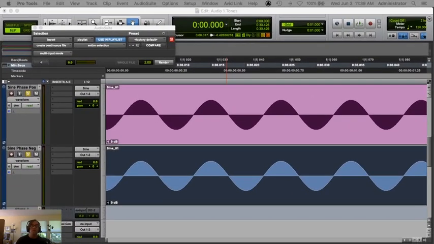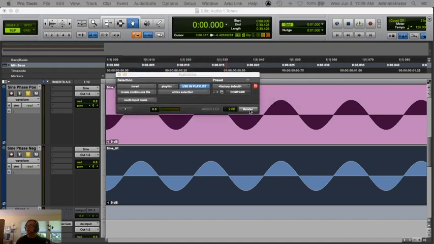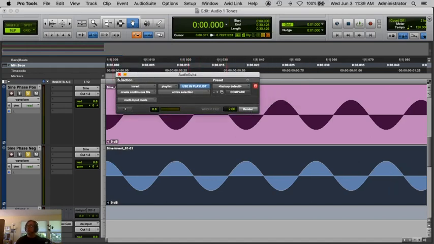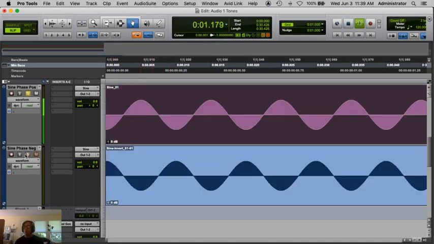There you go. Invert. Hope that didn't mess you guys up. Here we go. So now it is absolutely opposite of the other. So here's pink. I'm going to add blue. Zero. Nothing at all.